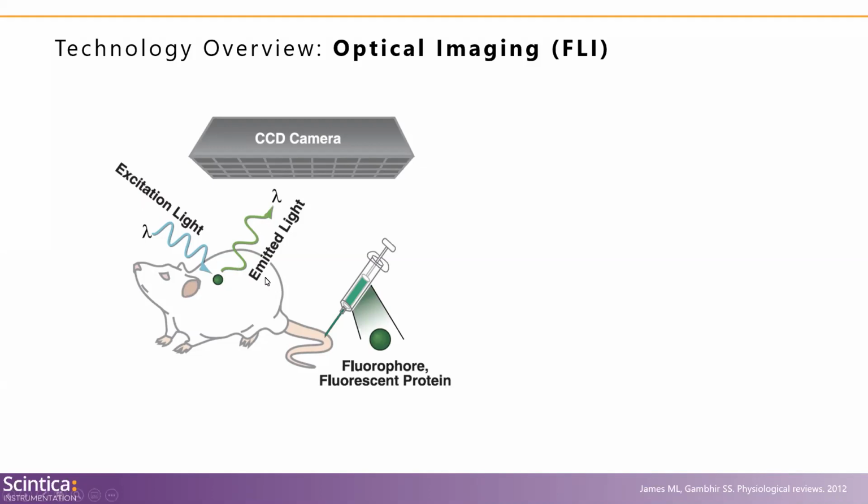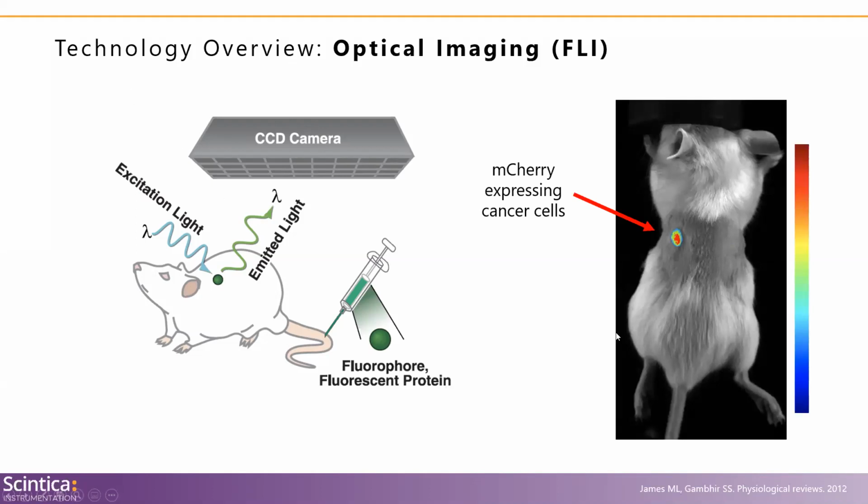Now this leads to the excitation of the fluorophore or the fluorescent protein, and then the subsequent emission of light. And then this light gets collected by the CCD camera, and it gets converted into an image which would detail the location of the emitted light.